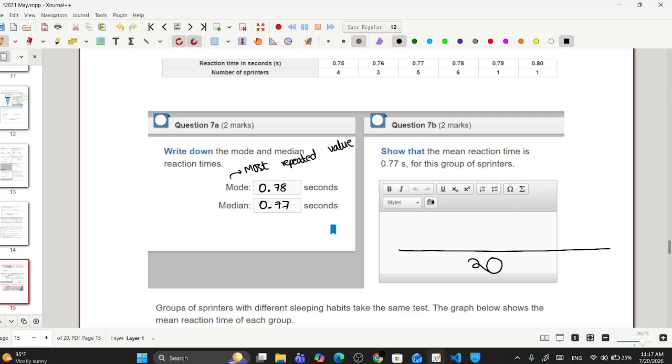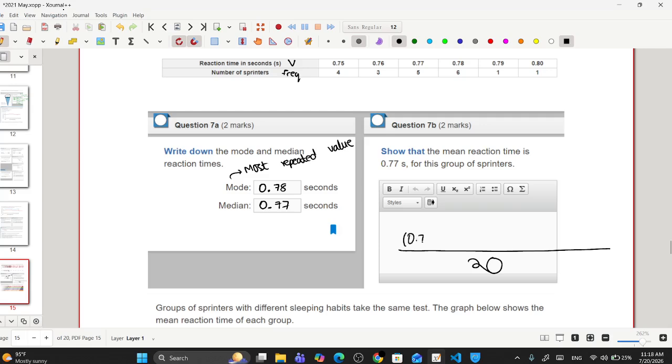Okay. This is basically what we call the frequency, and this is what we call the value, for instance. All right. So initially what we do is that we were supposed to multiply the frequency with the value in each case.